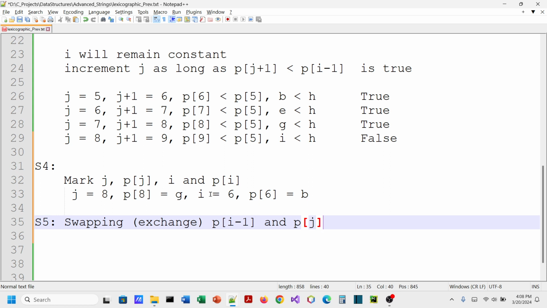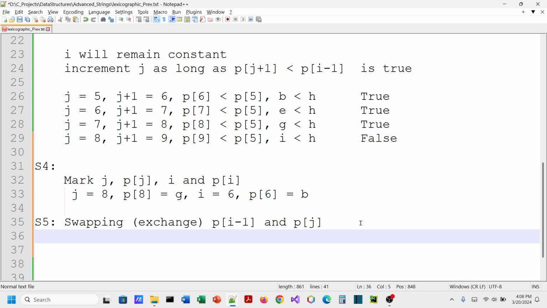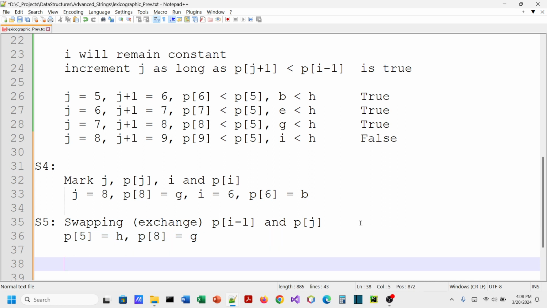Here please note, we got i is equal to 6, so p of i minus 1 is p of 5, because i is 6. So p of 5 is h, and p of 8, because j is 8, is g. So we know this now. We will do swapping.